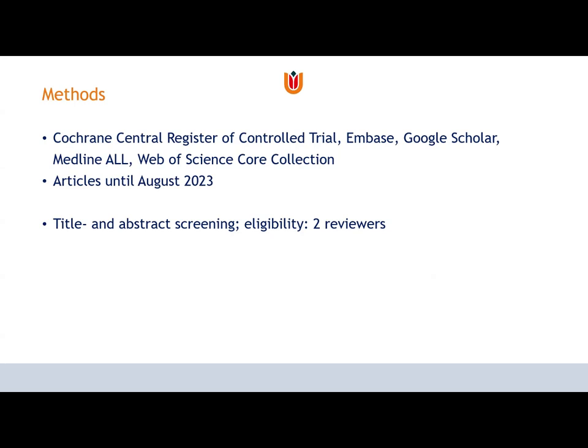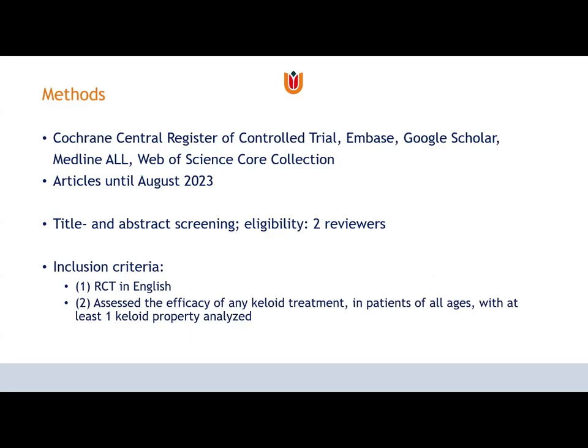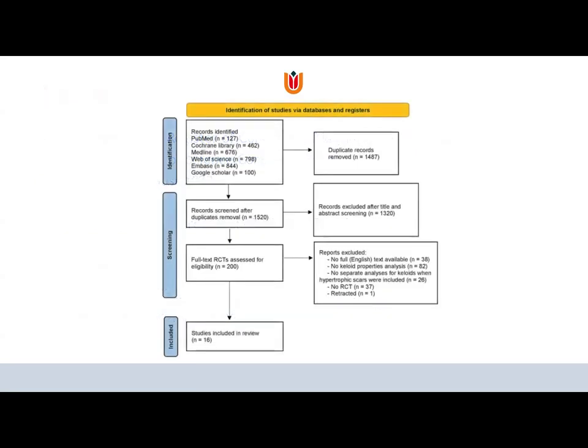Title and abstract screening was performed by 2 reviewers, and hereafter the full text was assessed for eligibility. Studies were included when the RCT was in English, and assessed the efficacy of any keloid treatment in patients of all ages with at least one keloid property analyzed. This is the flow chart.